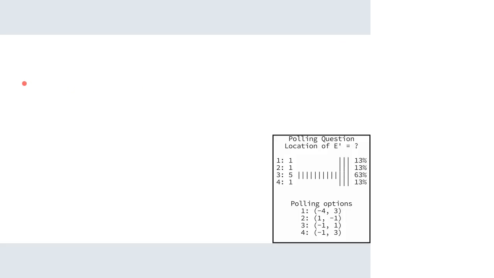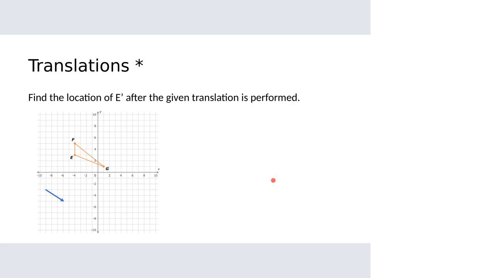All right, let's see what we've got here. Okay, we're spread around the whole thing. All right, that makes this very interesting. We do have some agreement, but we've got all the choices. So let's be patient and careful as we go through this one.